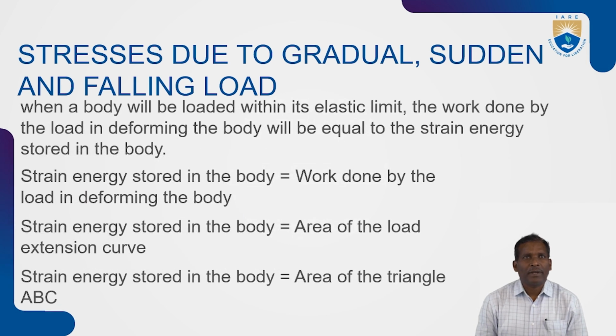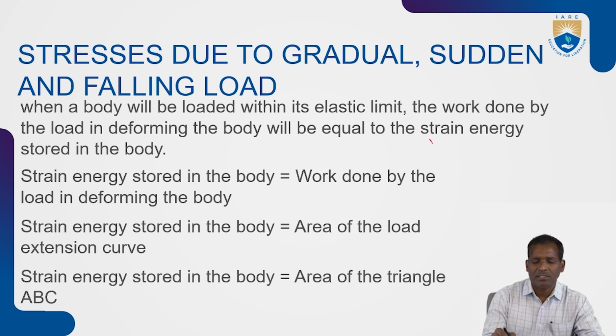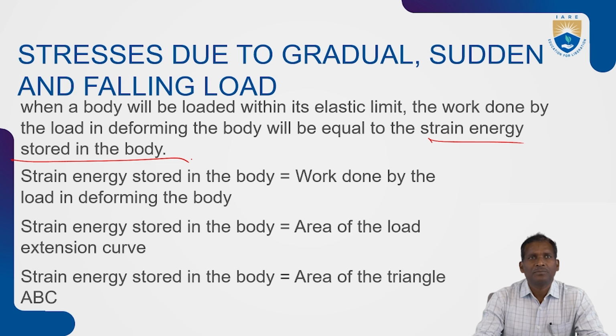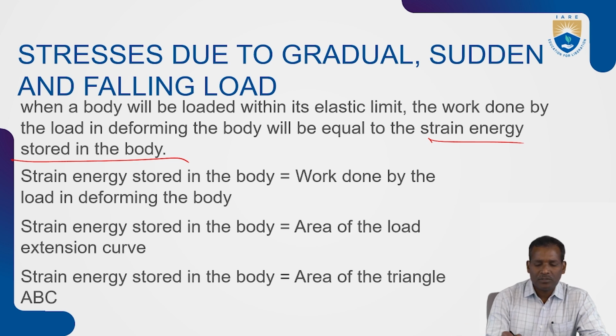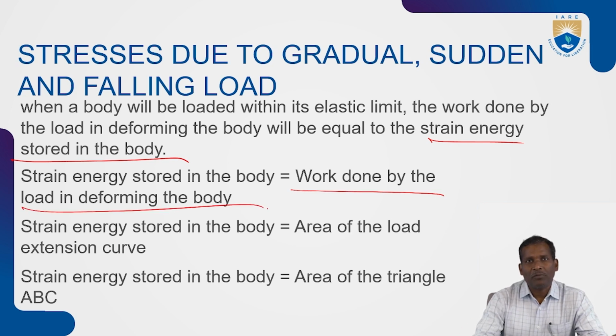When a body is loaded within its elastic limit, the work done by the load in deforming the body will be equal to the strain energy stored in the body. So how much work is done by the load in deforming the body?